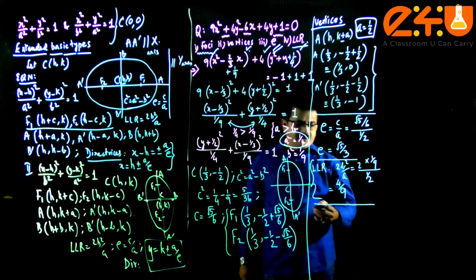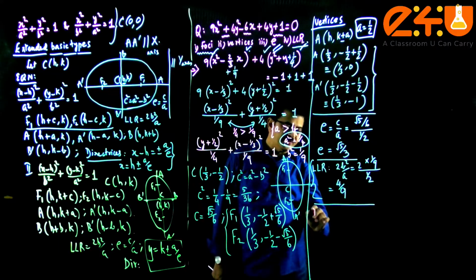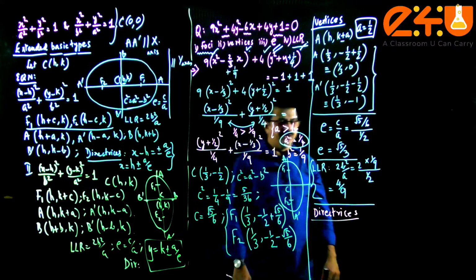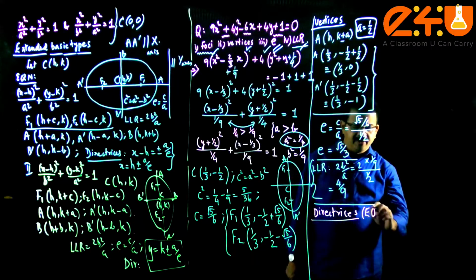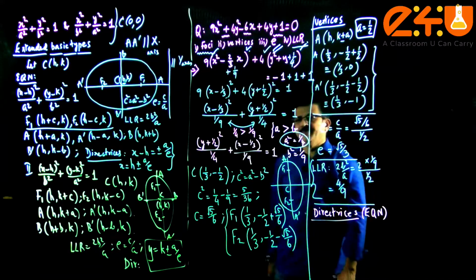Fine. What about, suppose they ask you equations of directrices. So I am just extending the question a bit more. When we say directrices, definitely what we mean is equation of directrices.